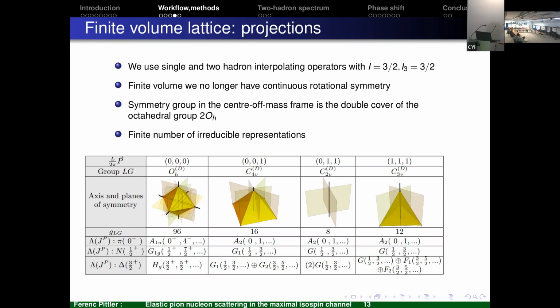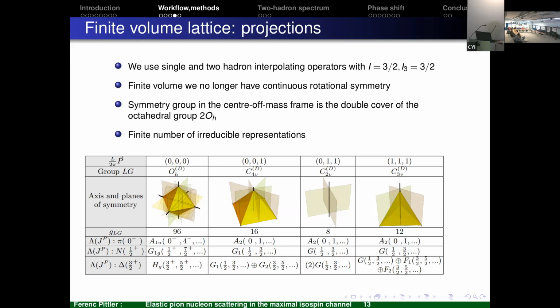In the center of mass frame, we have the symmetry group, instead of the continuum rotation group, the double cover of the octahedral group, and they have a finite number of irreducible representations, as listed here. For example, in the center of mass frame, we have the HG, and we have G1, G2 in the first moving frame. And what is important is that these irreps are dominant.